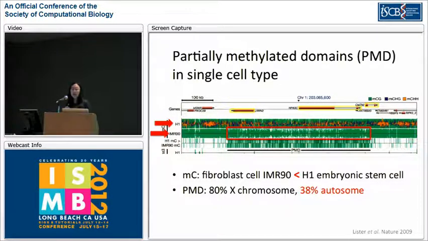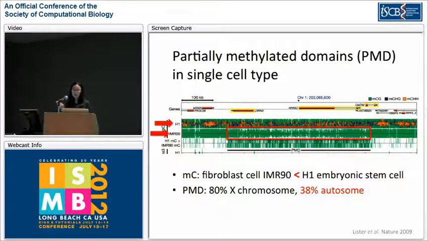This partial methylation is observed in 80% of the X chromosome, which is not unexpected because the IMR90 cell line is from a female, and methylation is known to play an important role in X inactivation. What is unexpected is that it's also observed in nearly 40% of autosomes.